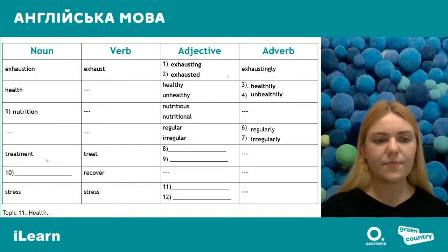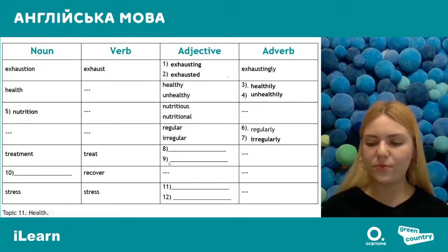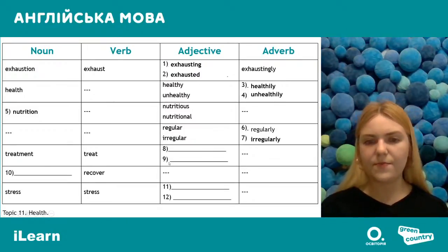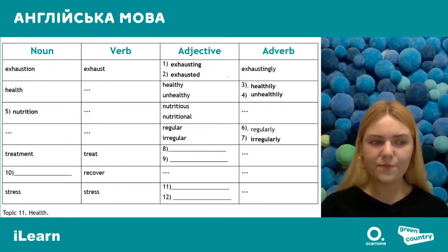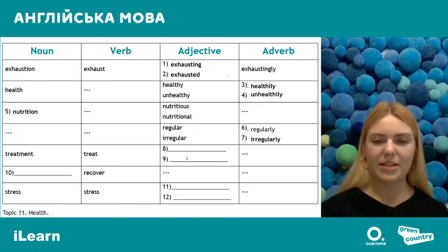Then treatment. So treatment, it's лікування. We can say treat, лікувати. And so any ideas what adjectives can be used here? So it's a bit more challenging, but let's think. Maybe you know some of them.